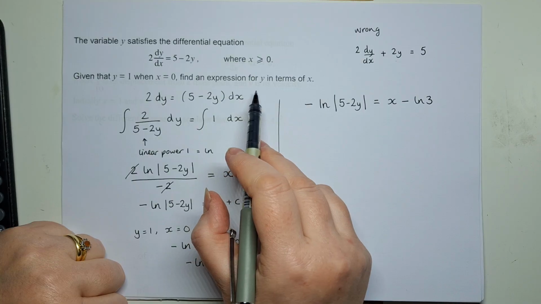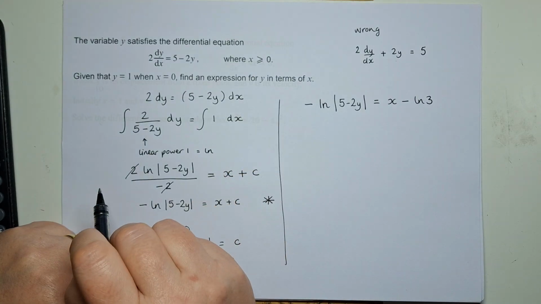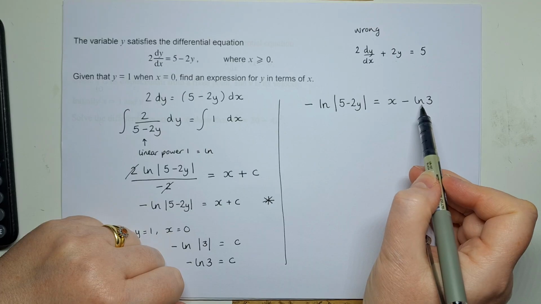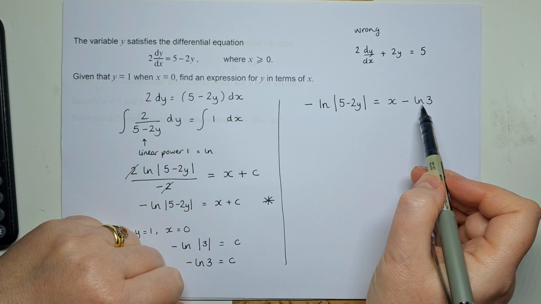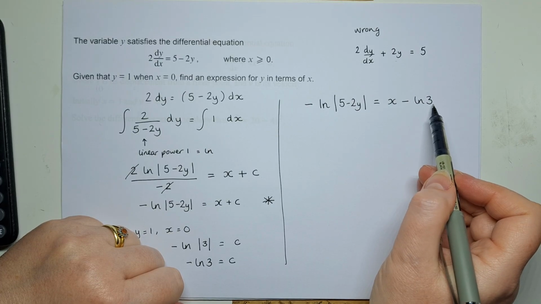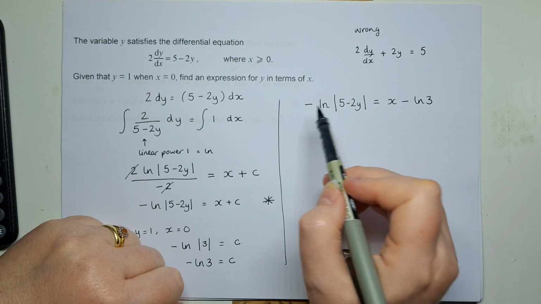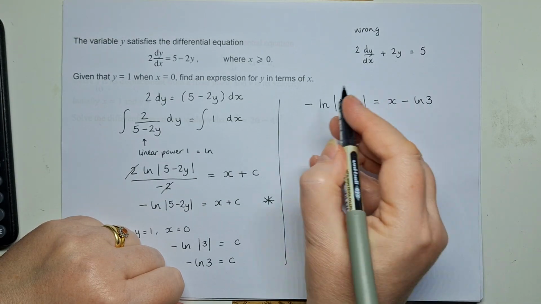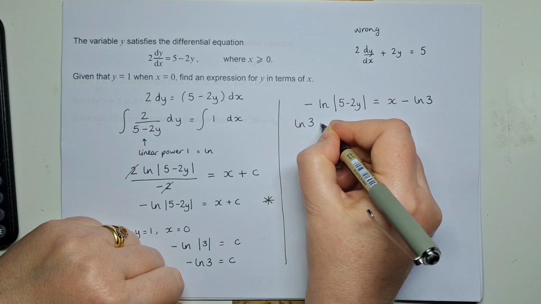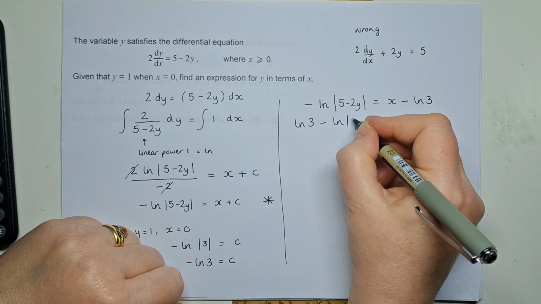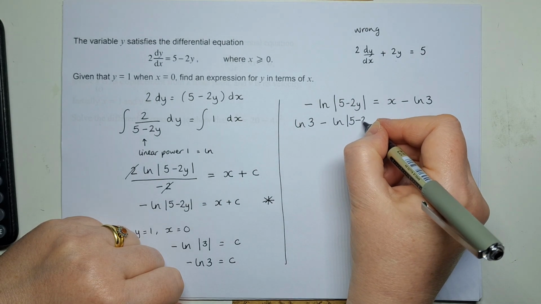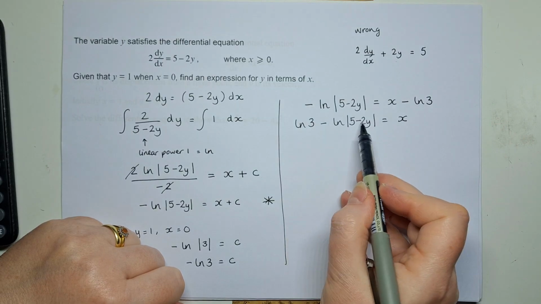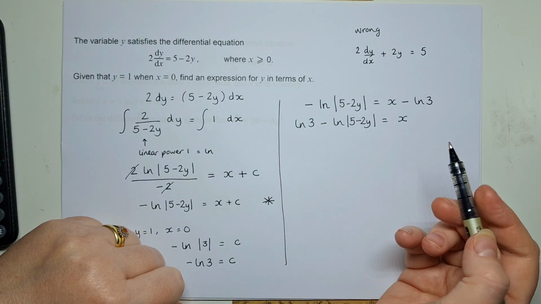Okay, so we've got to keep going. We've got to find an expression for y in terms of x. When I have a constant which is a log, I generally don't turn that into a decimal. It will look worse. I'll bring the logs onto the same side. Now this is actually going to hop across to become a positive log, so actually I'm going to sit it at the front of the line, so I don't begin my line with a negative sign. It doesn't really matter, but it will just make more sense then as we join our logs together with the log rule.